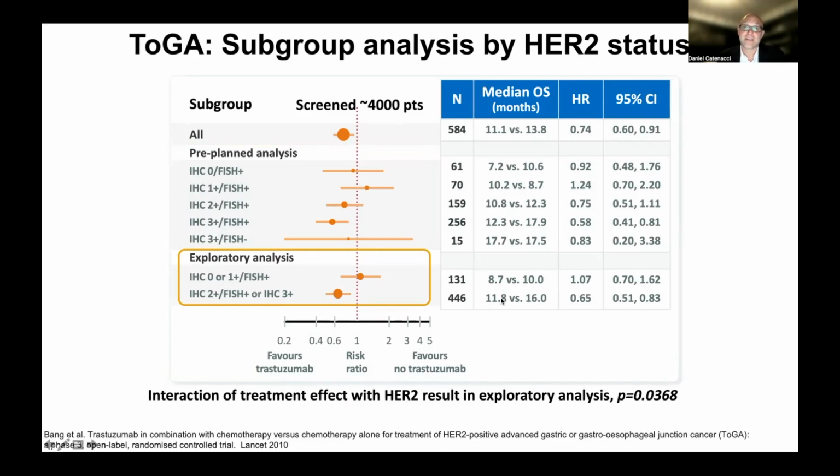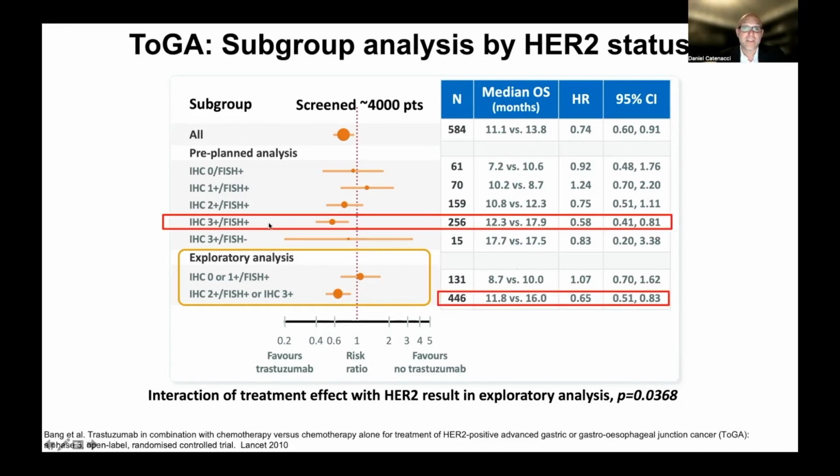And you can see the median survival differences are more pronounced compared to the all-comer group. Especially in those patients that had the IHC 3+, you can see the hazard ratio, remember, the lower the number, the stronger the benefit, the greater the magnitude of benefit. And you can see here that we're talking on the order of almost a half a year improvement in median overall survival in this select group.